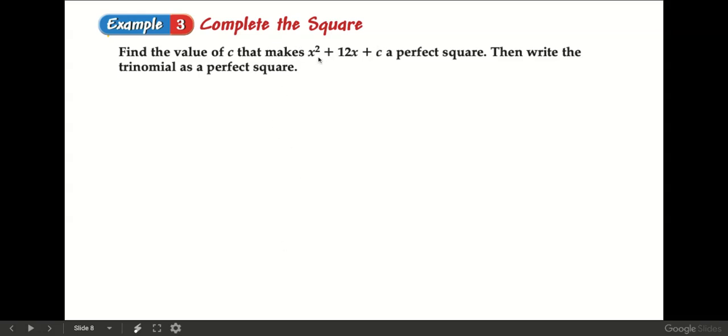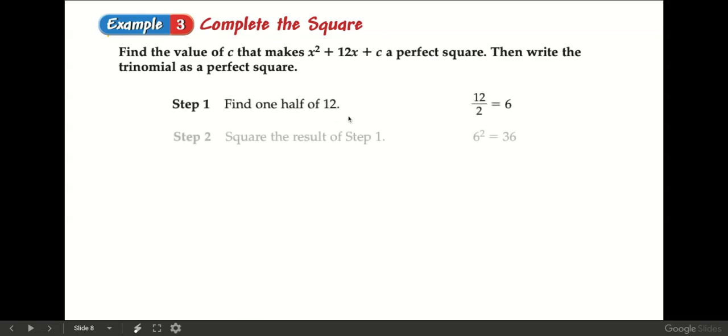So here it's saying, if I had x squared plus 12x plus c, what value of c would make this a perfect square? Then write the trinomial as a perfect square. We notice that if this is 12x, it's going to have to be like x plus 6, our perfect square there, because we know 6 times 2 is 12, but then 6 squared is going to give us 36.